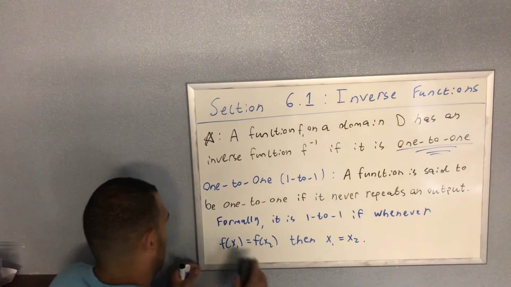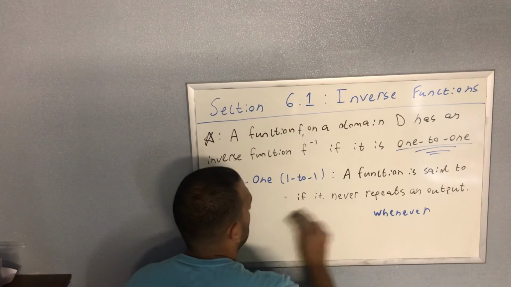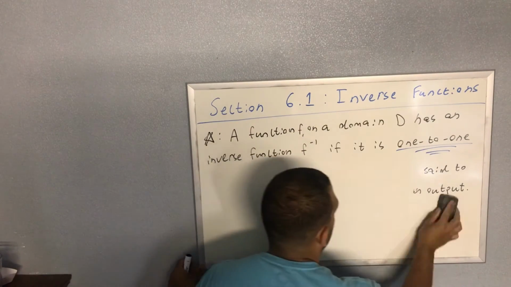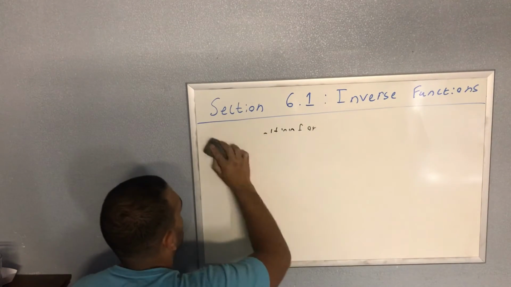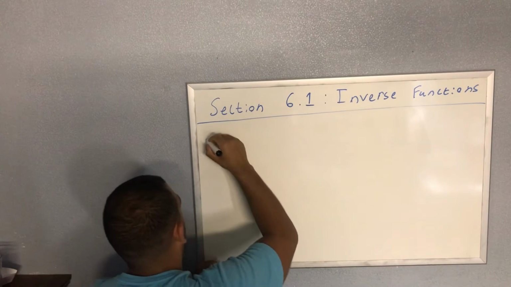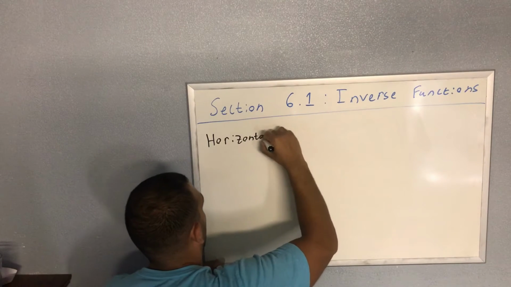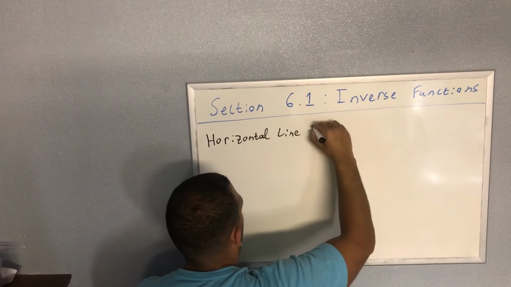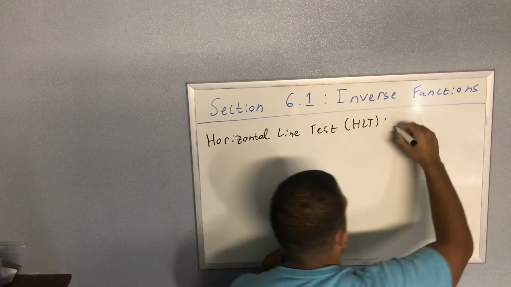So what we are actually going to do is use this thing called the horizontal line test. It's a graphical way of determining whether a function is one-to-one or not. Or the HLT.